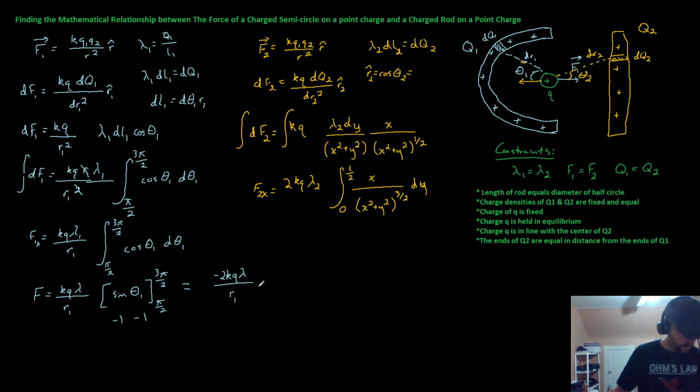Double check myself. It's supposed to be a positive. Why was it positive? You know, I think it did need to go from the other direction. Let me think for a second. I think I did need to go the other way, because sine of 3 pi over 2 is definitely negative 1.